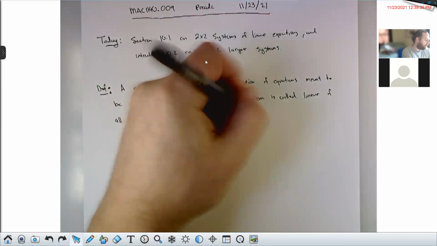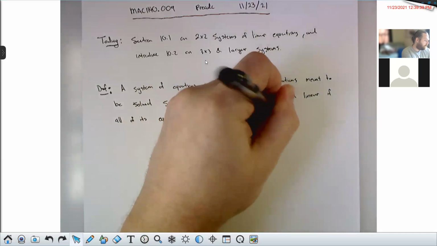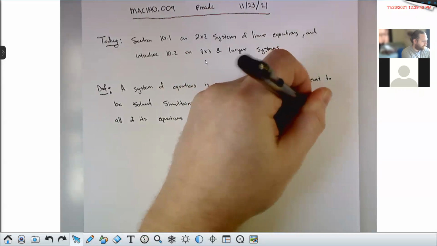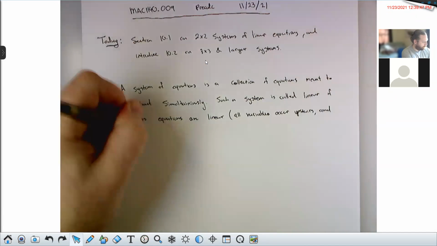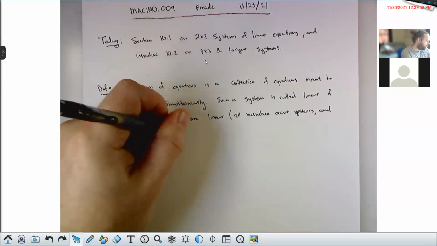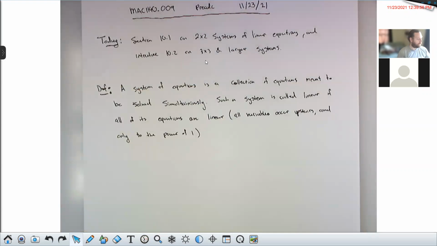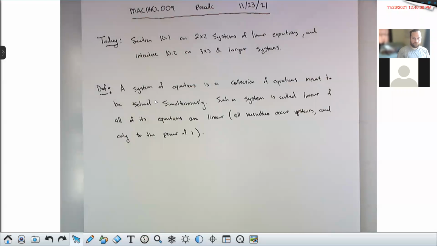We'll say all variables occur upstairs and only to the power of 1. Right, so these are linear systems. I'm going to show you some examples. We'll classify them by their size, aka dimension, and then we're going to talk about how to solve them.